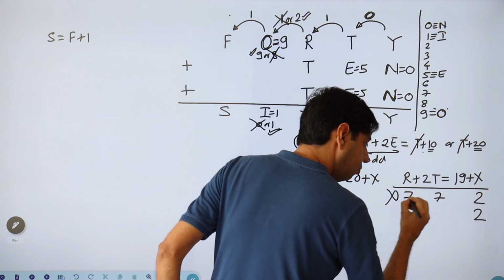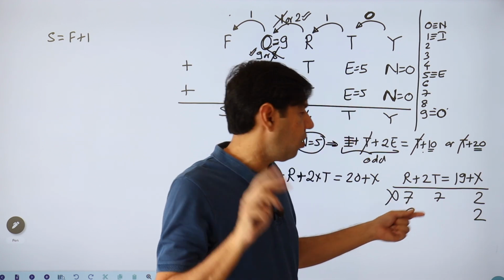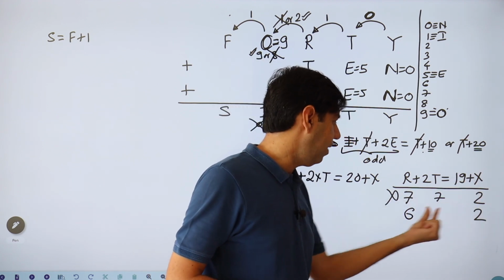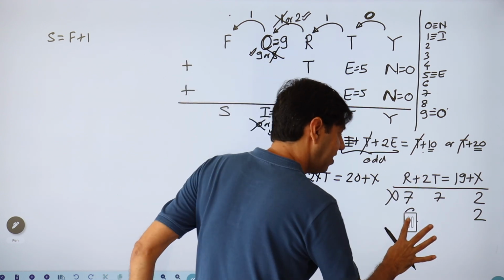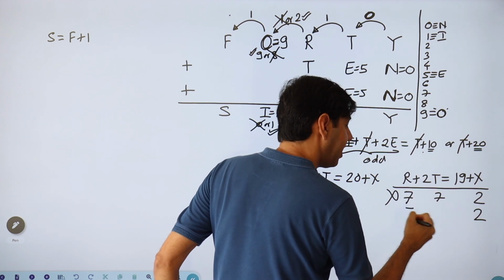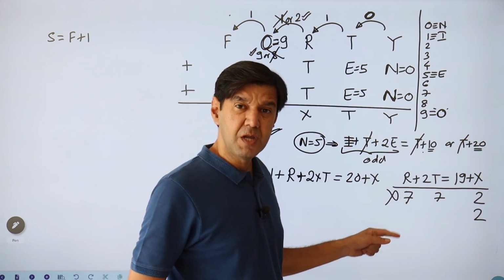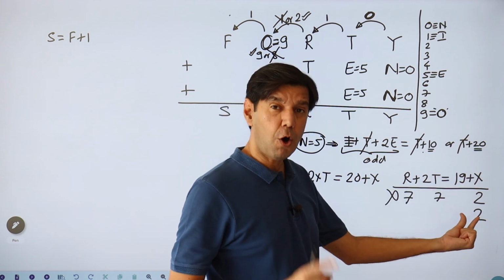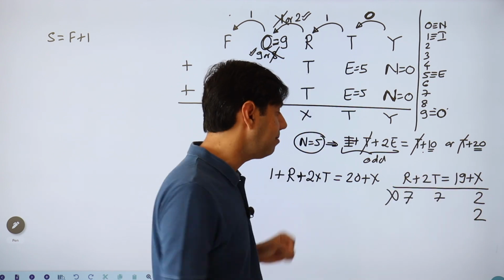So don't ditch the 2. Continue. Let this be 6. Oh, 6 won't work. Why? Because of the odd-even issue. This is 21. 21 minus 6 is 15. 2T can't be 15. Could this be a 5? Oh, a 5 is also taken. A 5 is also not possible. A 4? 4 will again land up with that odd-even problem. 21 minus 4 is 17. 2T can't be 17.